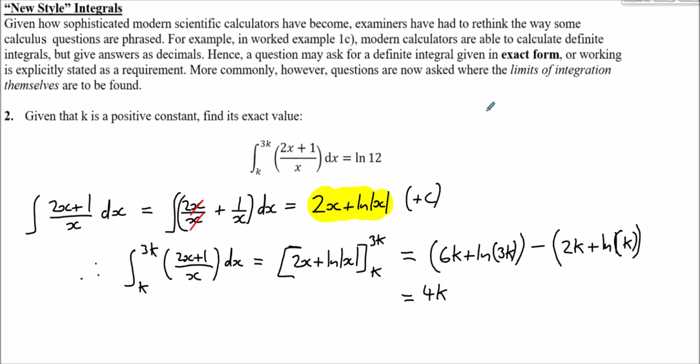If you just remember the laws of logs, ln a minus ln b equals ln of a over b. So in our case, with a being 3k and b being k, this will become ln of 3k over k, so the k's will cancel. We'll just have plus ln of 3. And we're told that needs to be equal to ln 12.